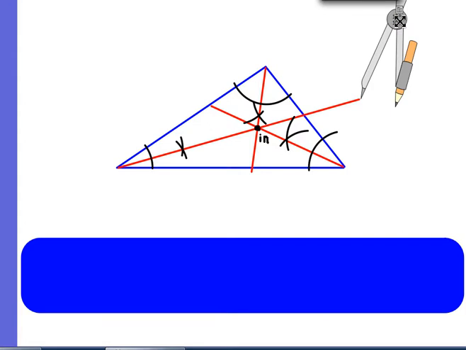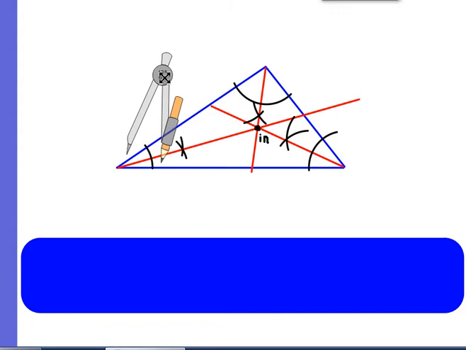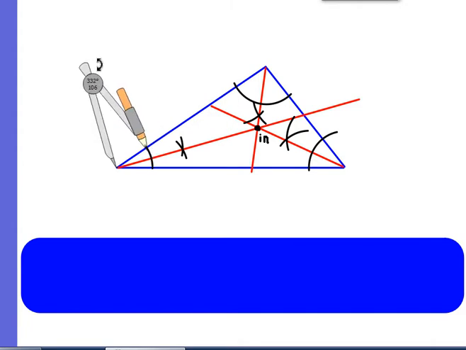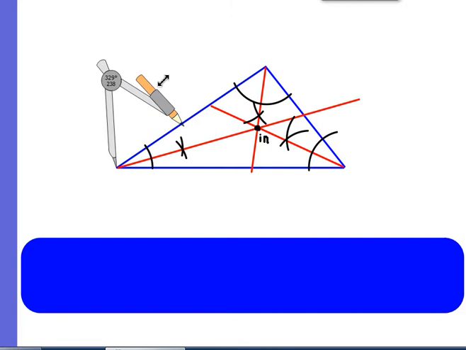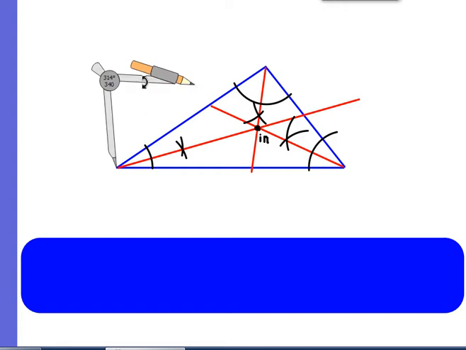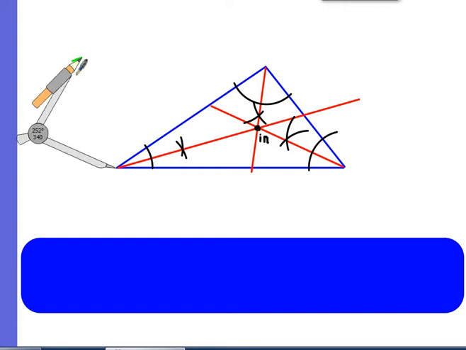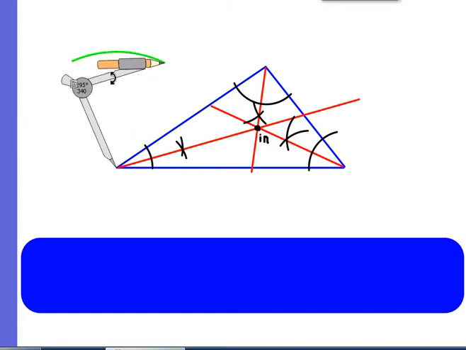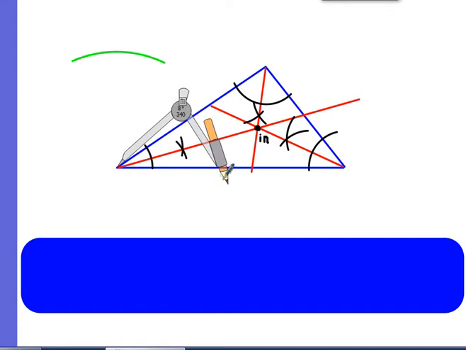So we do the perpendicular bisectors for the circumcenter, and again I will do one of these. If you remember correctly, you go over halfway. Make sure you go over halfway. I will make it green. And then you draw your arc. And you can come all the way through if you want.